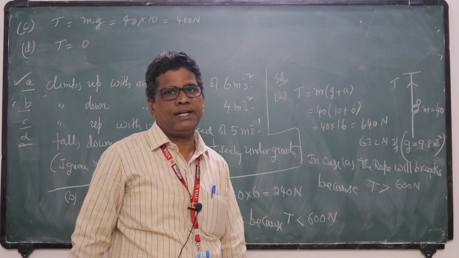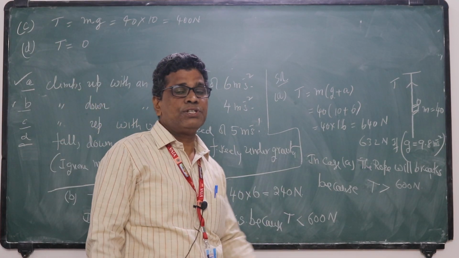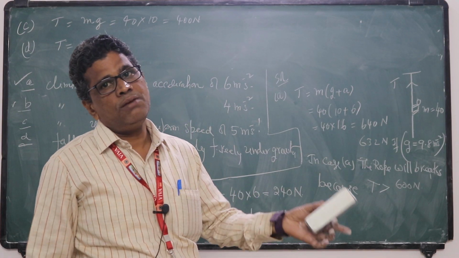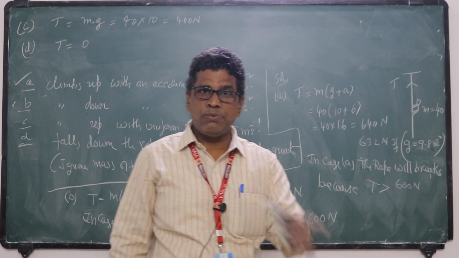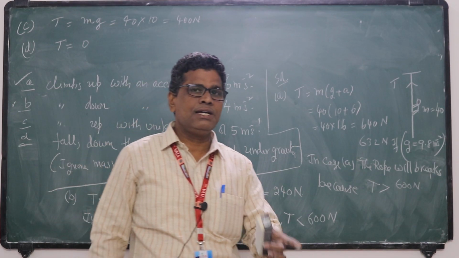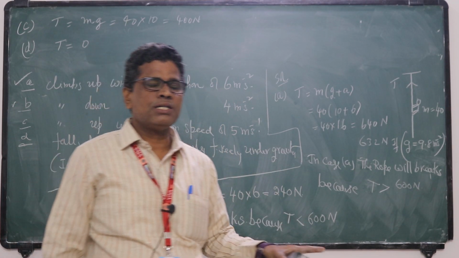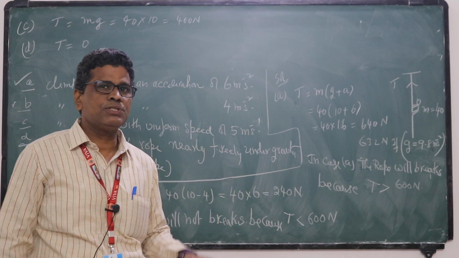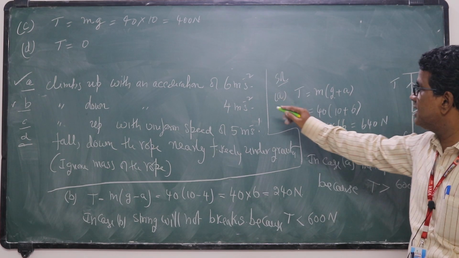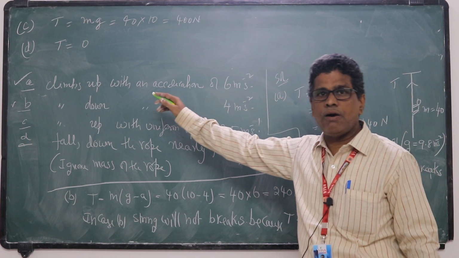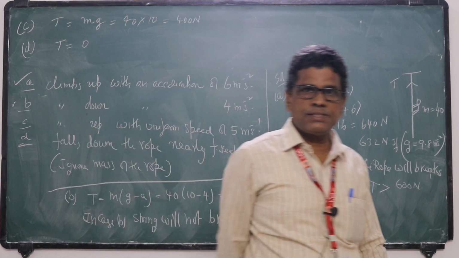There will be no tension because here the mass of the string is neglected. Remember this point: if the string has mass, then the tension in the string changes from point to point. If the string has no mass, the tension becomes 0. Clear? So except in one case, the string will break. In all the remaining cases, it won't break.